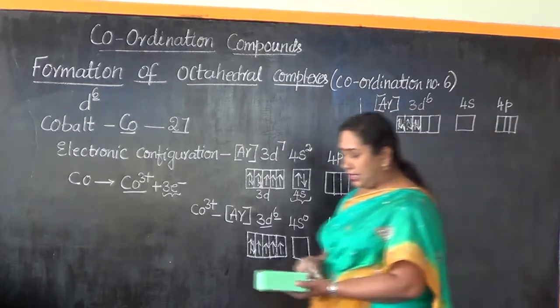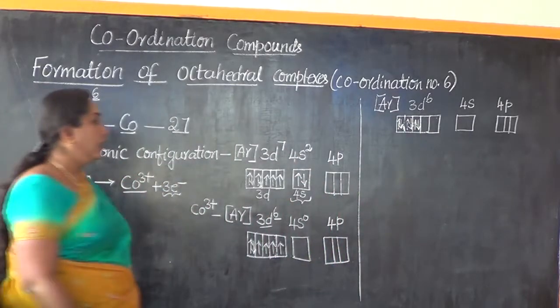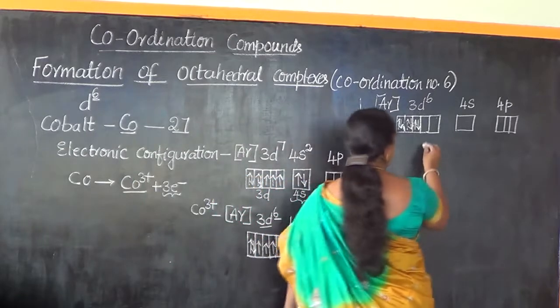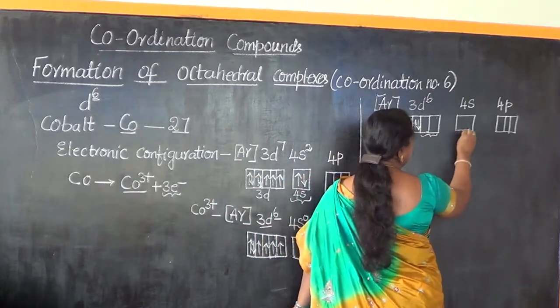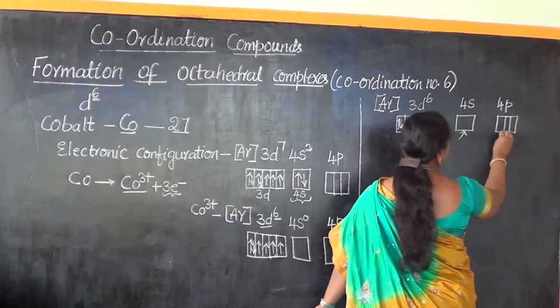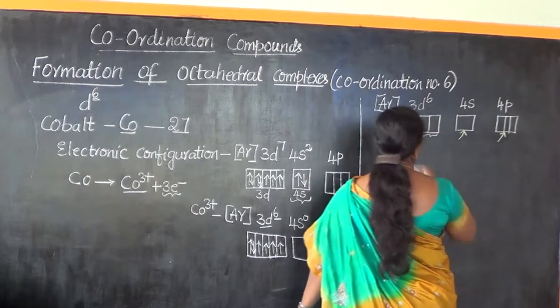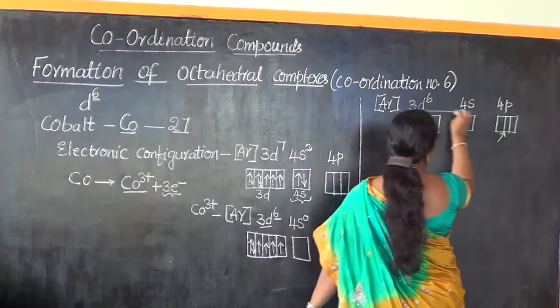So as a result, what do we observe? We find that this has made 2 of the d orbitals empty. As it is, there was one 4s orbital empty and the 4p orbitals also empty. So what can we observe?